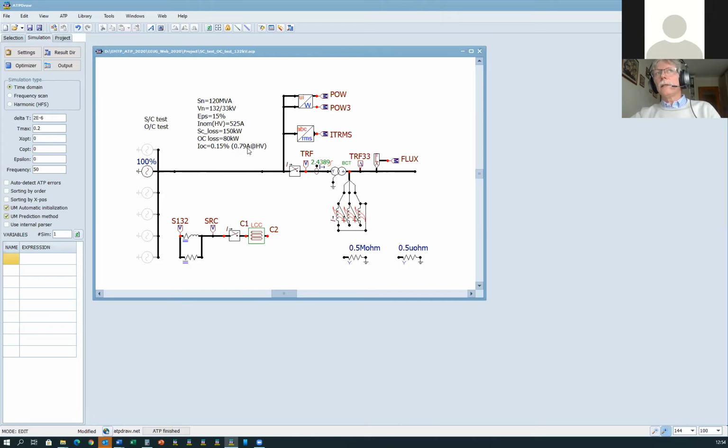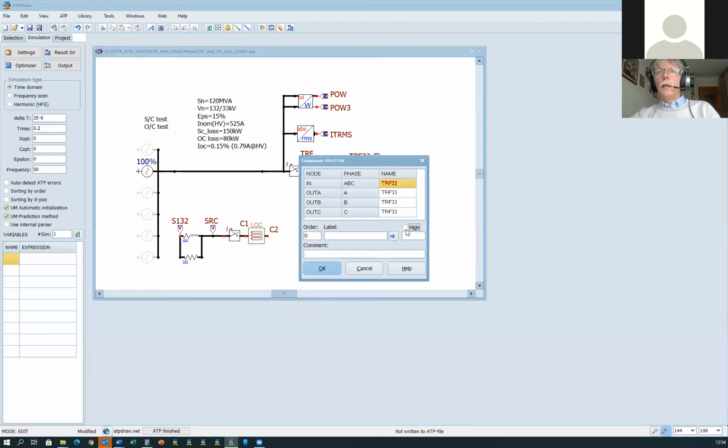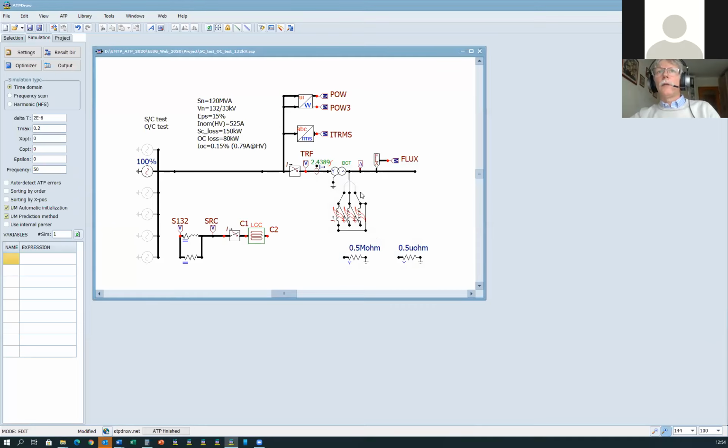In that case, it is less than 1 amp measured at the high voltage side. Here you see the nominal data of the transformer. The current is around 0.15%. How to check it? Easily. First, you can disconnect any nonlinear objects.